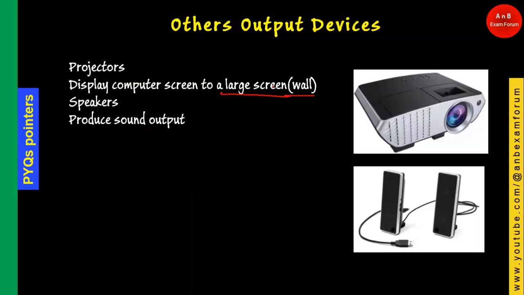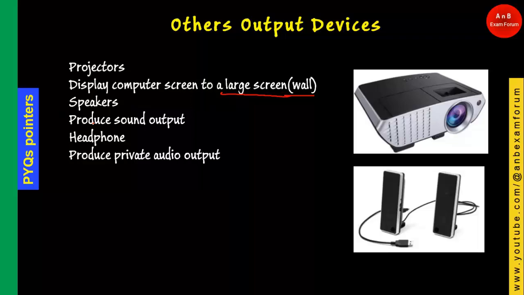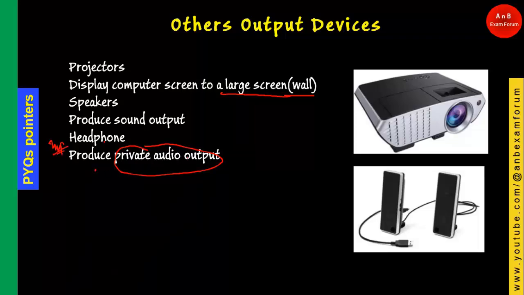What output does it give? It gives sound. Like your mobile, right now the sound is from the speakers. Next one is a headphone. Headphone again gives output, but not to everyone, it is private audio output. Remember, headphone is used to produce private audio output.